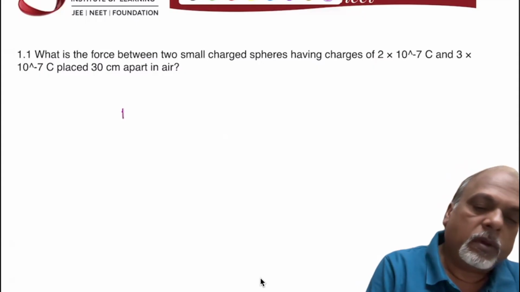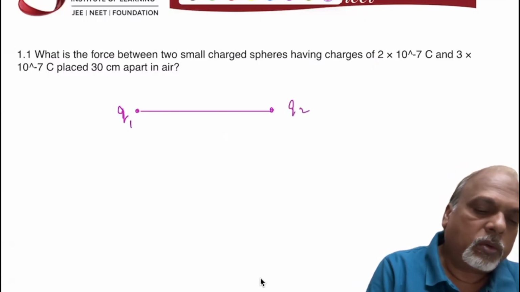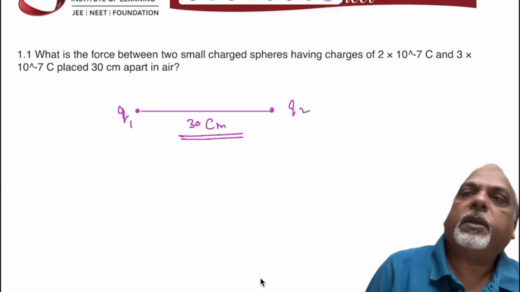We have two charges. Suppose Q1 and this is Q2, and the distance between them is 30 centimeter.